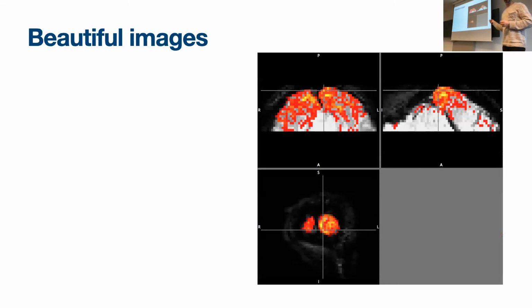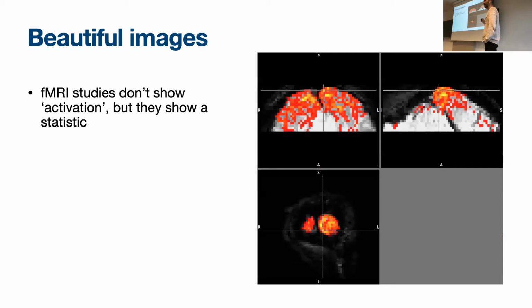Right, so these images and the ones that I showed you before in the brain viewer, they are beautiful. But again, I want to reiterate that when we see these beautifully colored voxels, we're not looking at activation, right? It's the result of not only this translation from neural activations through the BOLD response to a measured signal, it is also the result of a whole pipeline of pre-processing that we'll be talking about in the next lecture.